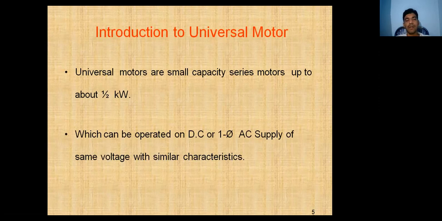A universal motor can be operated on AC or DC, that's why it is called universal. With the same voltage of AC or DC, we get similar characteristics.